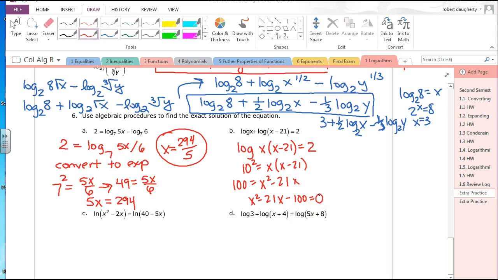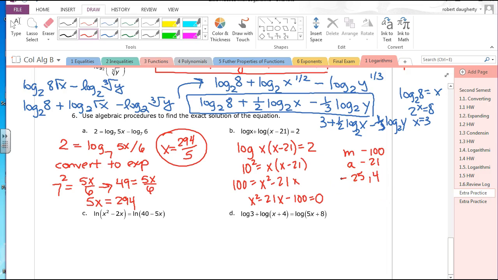So I've got to solve that. I'm going to try to solve with factoring. That means I need two numbers that multiply to negative 100 and add to negative 21, those numbers are 25 and 4.